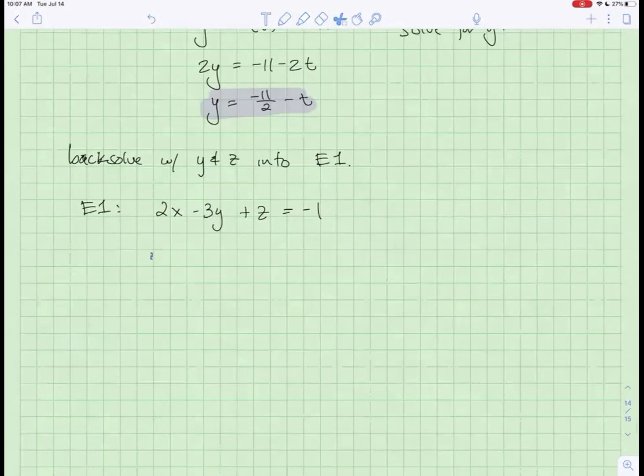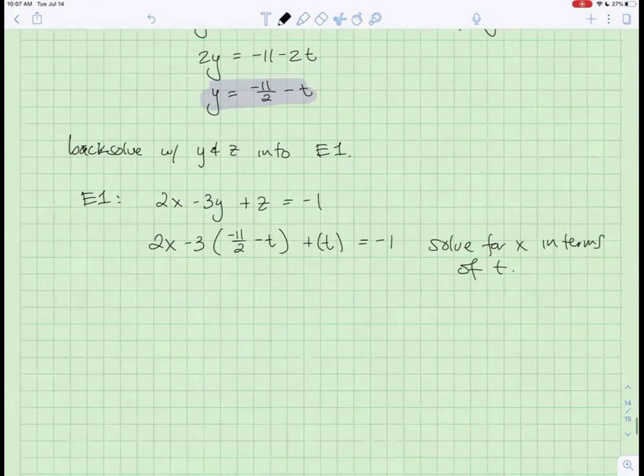That's 2x minus 3 times y, which is negative 11 over 2 minus t, plus z, which is also t, is equal to negative 1. Now we'll solve for x in terms of t.